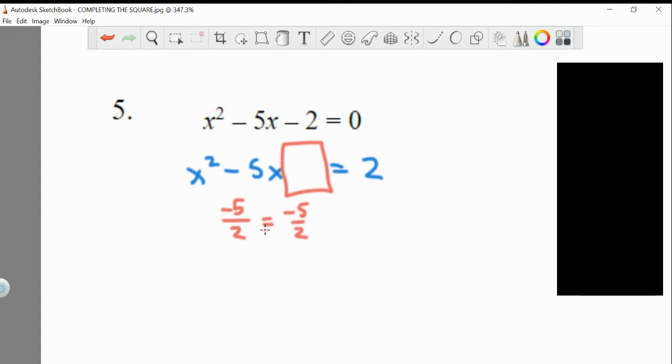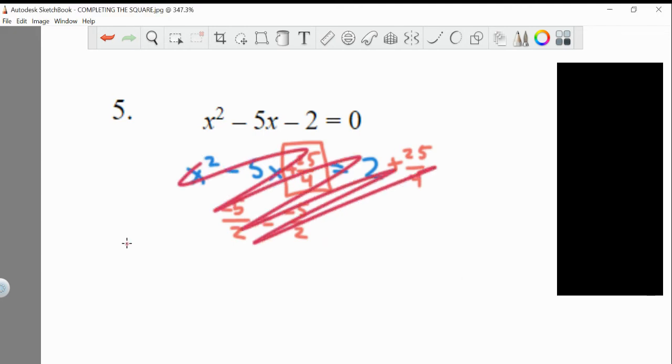And when you square that, you're going to get 25 over 4. And you're going to have to add that to both sides. And then this is now really gross. Okay? And so, don't do this. Time to do the quadratic formula.